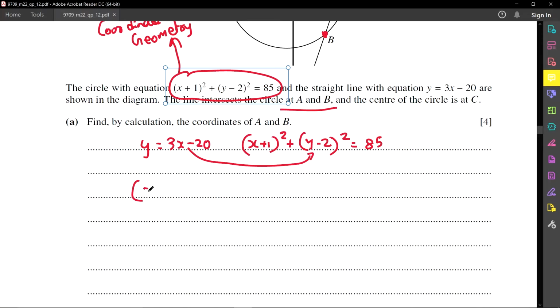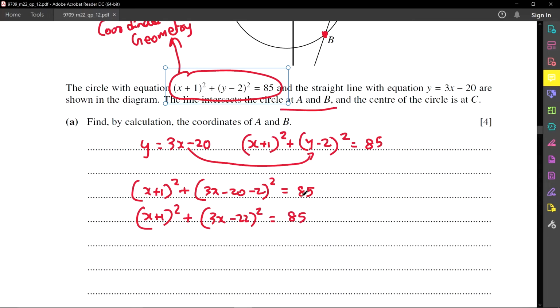So we get (x + 1)² + (3x - 20 - 2)² = 85. So (x + 1)² + (3x - 22)² = 85.